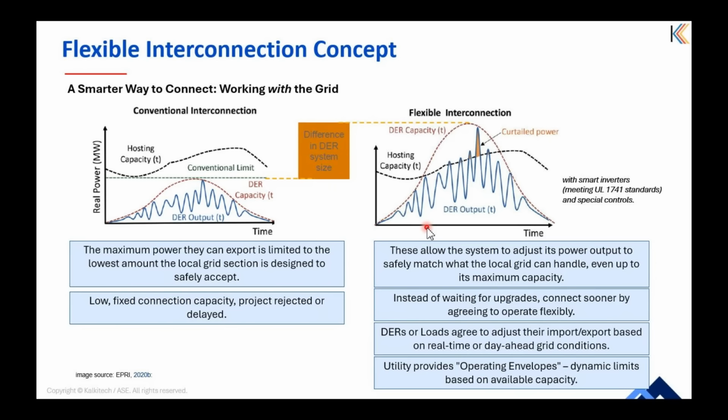In essence, flexible interconnection unlocks latent capacity on the existing grid. It enables faster project deployment, supports potentially larger systems, and ultimately accelerates our transition by shifting from rigid constraints to intelligent, dynamic grid interactions.